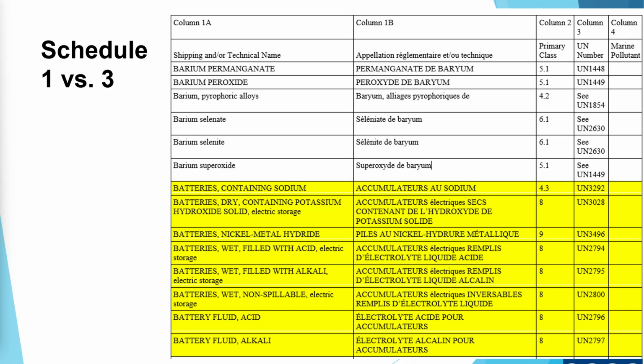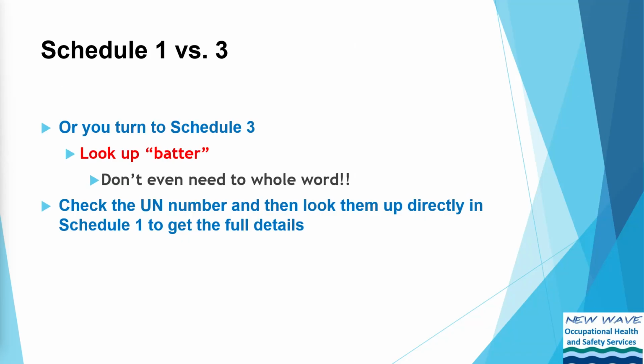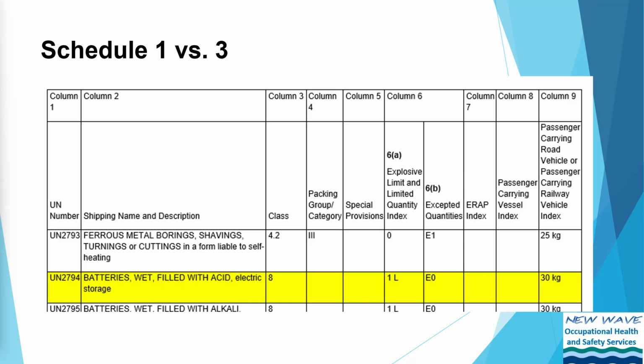And there you go, the listings for batteries all in one place. From here, you check the UN number and then look them up directly in Schedule 1 to get the full details. And there we go, the full details for batteries wet filled with acid, the official name for car batteries, in Schedule 1.